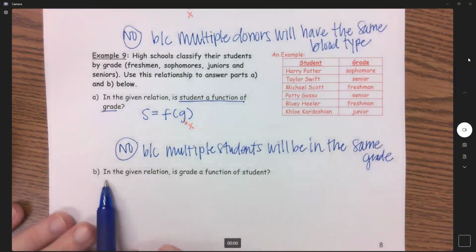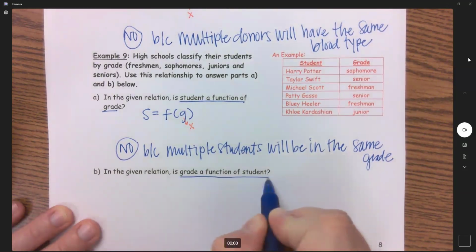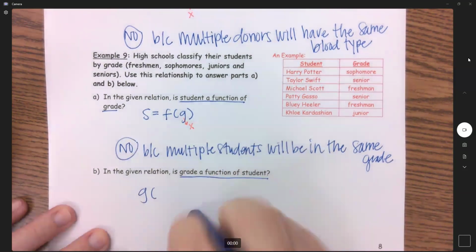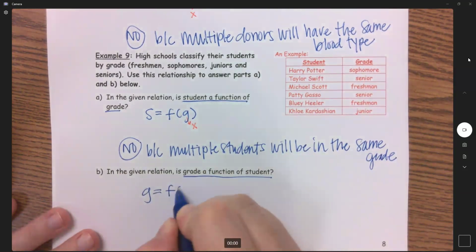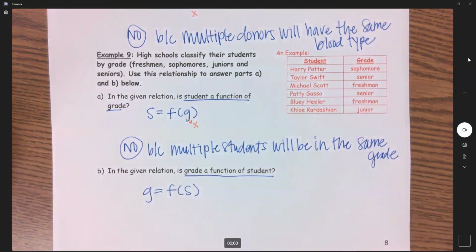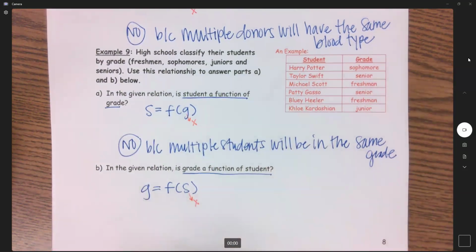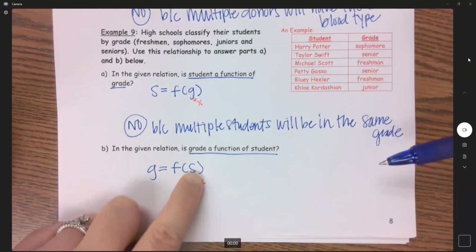So now, opposite. In the given relation, is grade a function of student? So now my students are being represented by my X. So again, like with blood, yes, you can have 2 students in a school that have the exact same name, but we are talking about 2 different students, right?